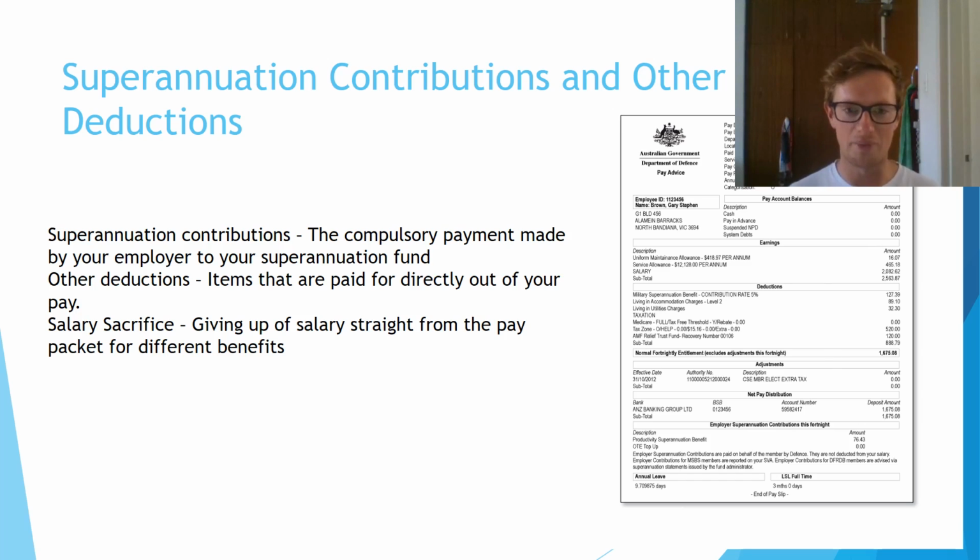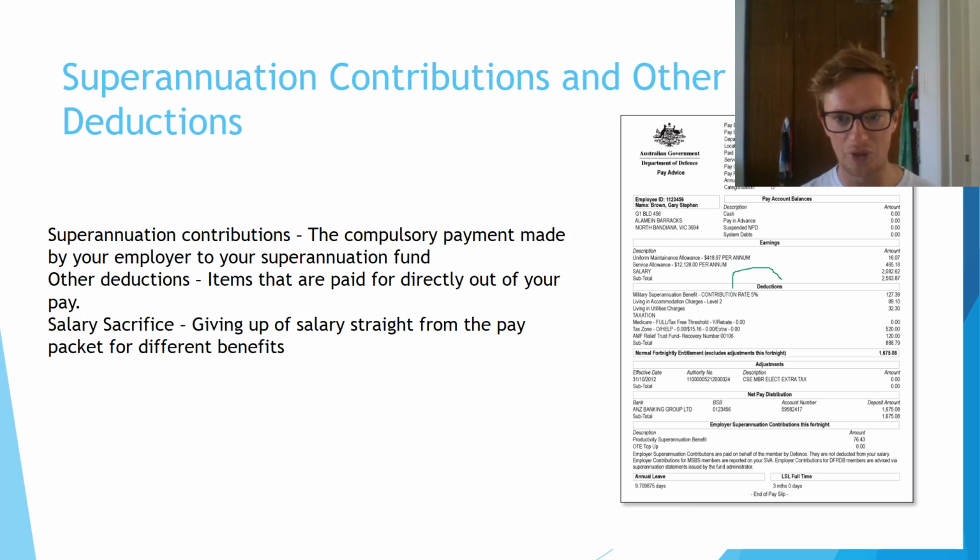And we all know that that's the money that's set aside for you when you retire from work. Over here we've got another example of a payslip. We're going to use this to talk about the other deductions. Here we've got Gary Brown from the Defence Force, and we're looking for his other deductions.